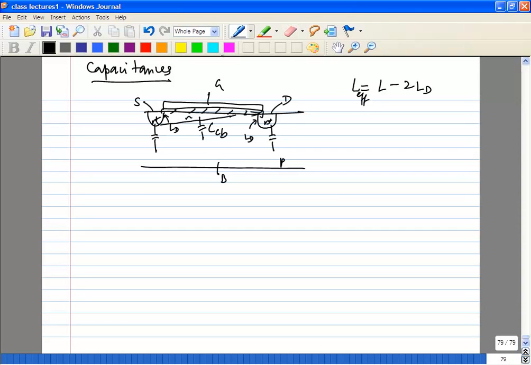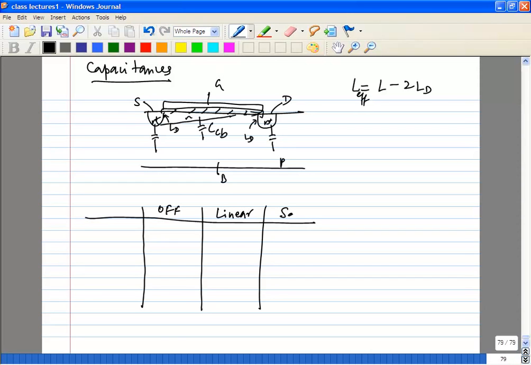What we'll do is draw a table with the different capacitances for linear and saturation. Let's name some numbers here. C overlap is W LD Cox.